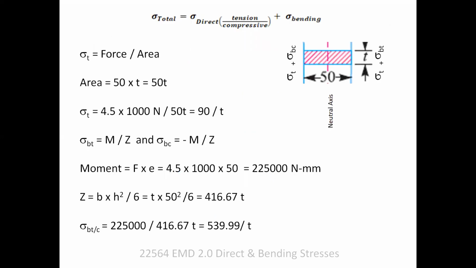Now look at this particular diagram. Here the cross section is enlarged. In that cross section, you will find the dimensions are 50 and T. T is the base and 50 is the height. Along the height, there is a change in the stresses. That's why it is called the neutral axis.